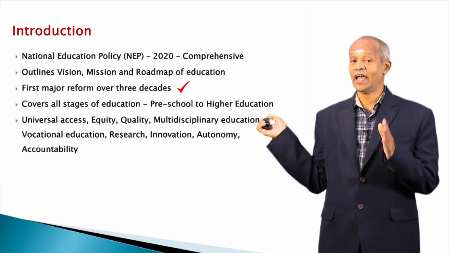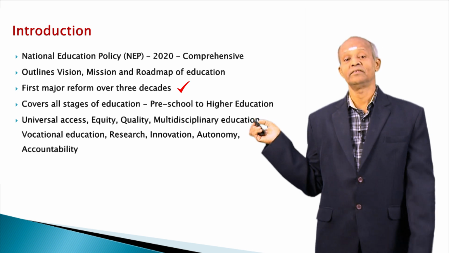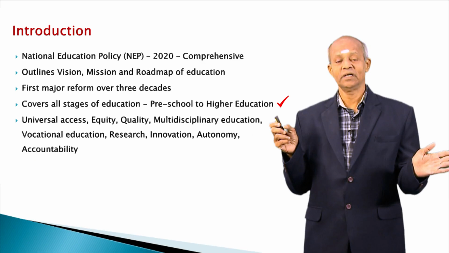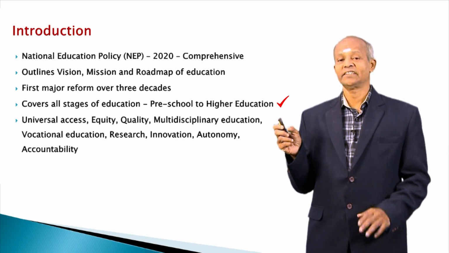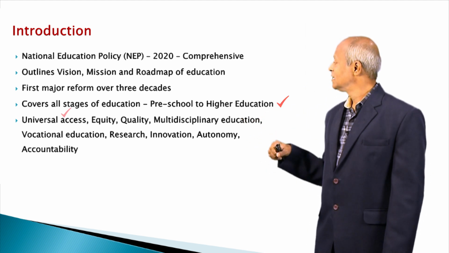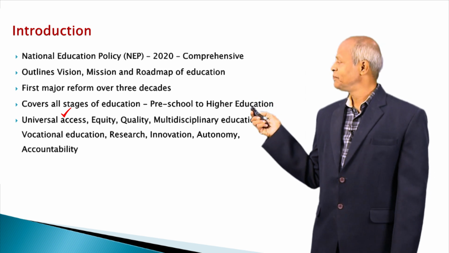So, we can say it has come within a time span of 3 decades, at a correct time where India is aiming to become the knowledge superpower, and it covers all the stages from pre school to higher education. So, the pre school, the secondary school and higher education, all the domains are covered by the NEP. And what are the basic tenets of NEP?